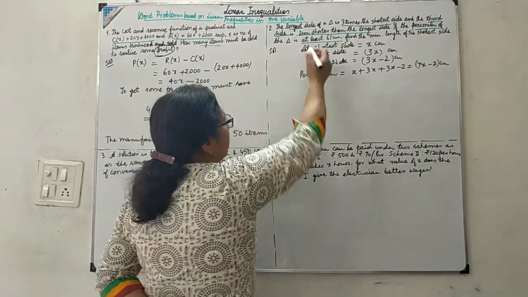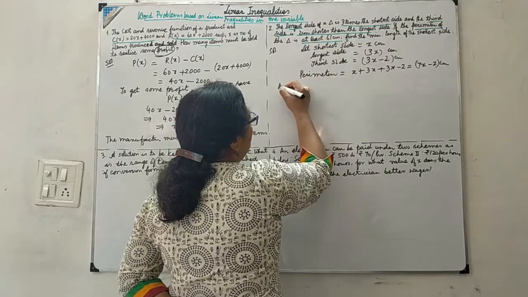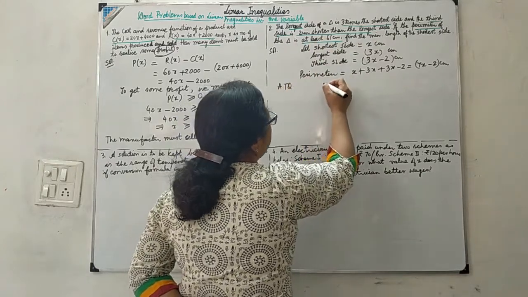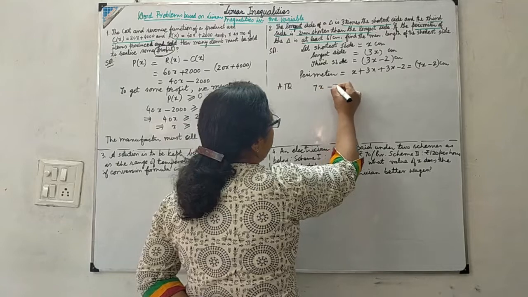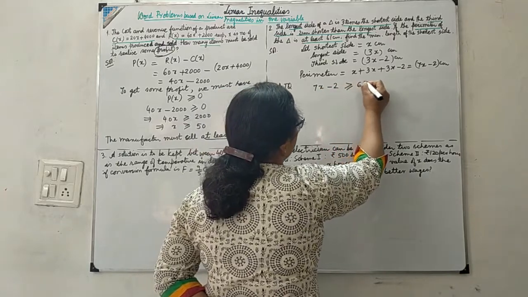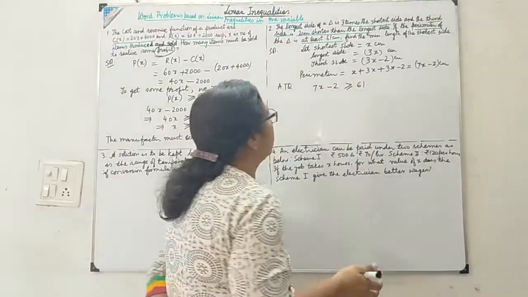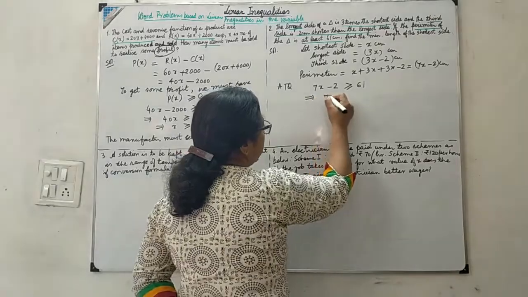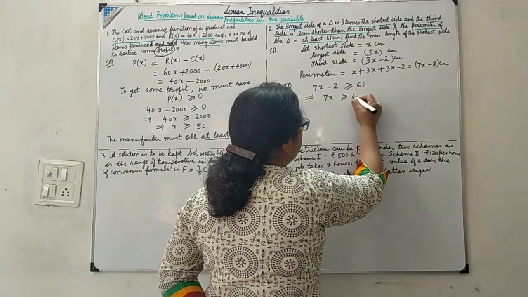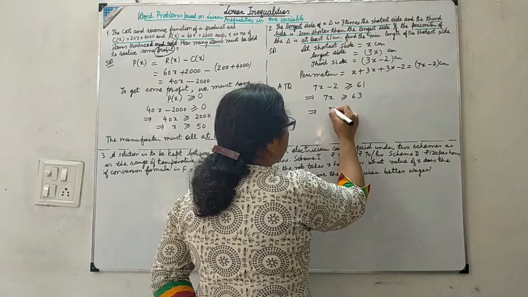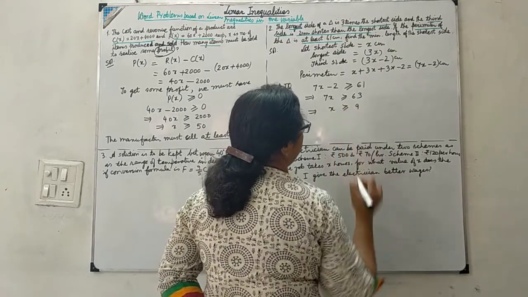After that, because it is given at least, according to the question, the perimeter 7x minus 2 is greater than or equal to 61. So from here 7x, adding 2 to both sides, 63, dividing both sides by 7 we get 9.